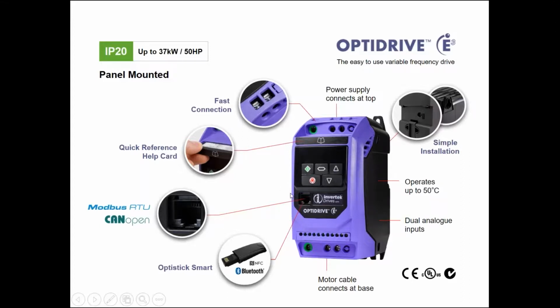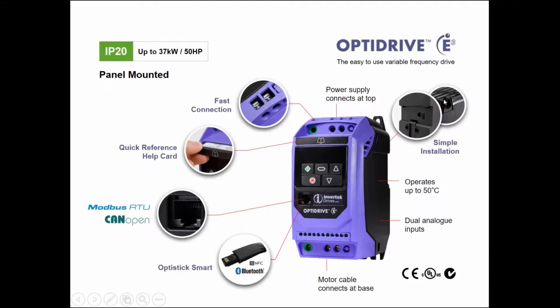Both protocols are embedded, factory ready. And also there's an accessory. It is the Optidrive Smart that enables Bluetooth connection with your drive through an application. I will show you in another slide a little bit later. But this is also very, very useful. This is a very practical tool, and it has some advantages.